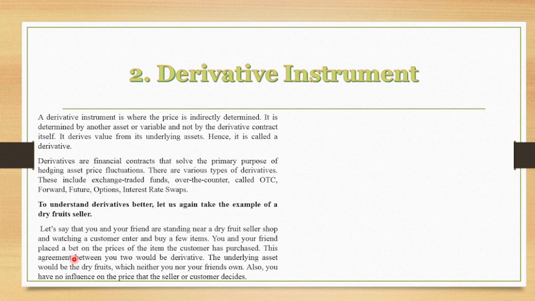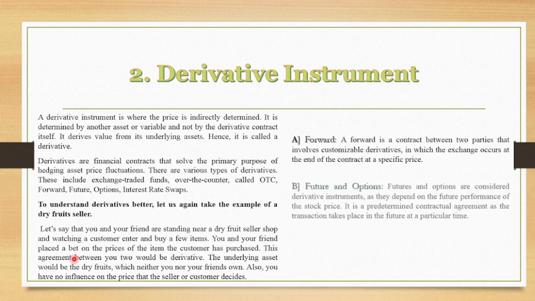This agreement between you would be a derivative, as the underlying asset would be the dry fruits which neither you nor your friends own. Also, in this case, you cannot influence the price that the seller or the customer decides. Now, this is all about the derivative instruments. Now, we will see the types of derivative instruments.